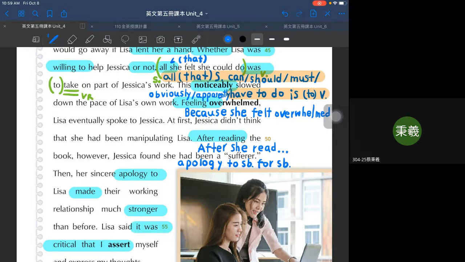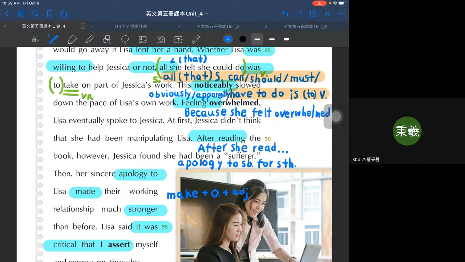And usually we use the word make, like make an apology to someone for something. And then here it says, made the working relationship much stronger. So again, if you still remember the word make, we have been repeating this many times. Make, and you put an object behind, and then you can simply put an adjective. So which made their working relationship much stronger.